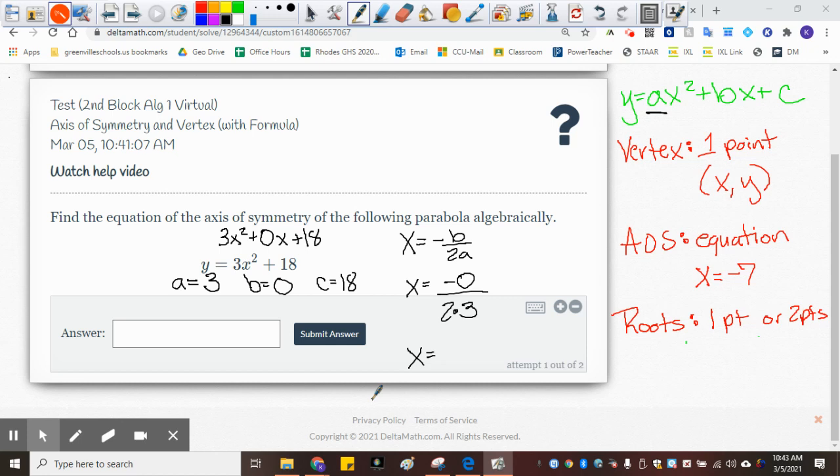What's 0 divided by 6? 0. Yeah, so our line. Yep.